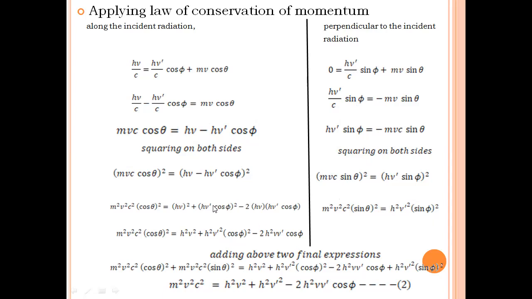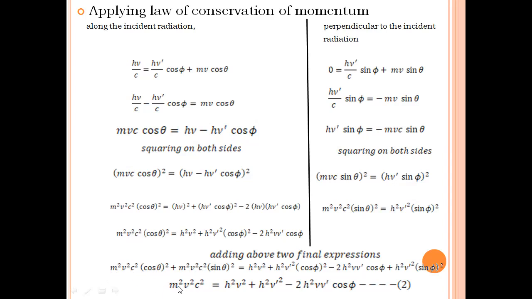These are the two expressions, one along the incident radiation and another along the perpendicular direction of the incident radiation, that is the horizontal component and the vertical component. Now adding these two expressions, one along the horizontal direction and another along the vertical direction, just add them together. If you take the common m square v square c square on the left hand side, you'll get cos square theta plus sine square theta, which is equal to 1.